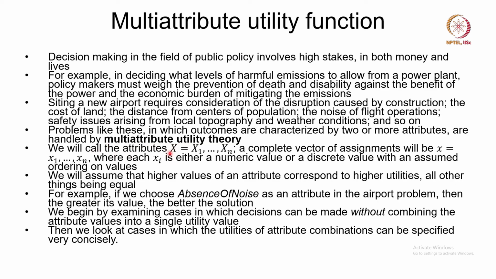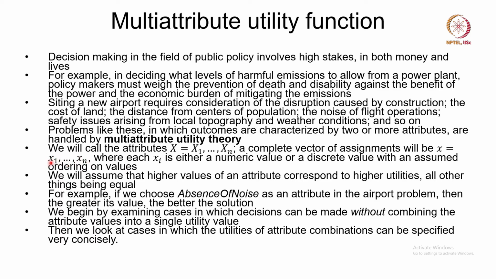So suppose we have attribute X, which will consist of x1 to xn. So we have n attributes. Each of these xi could be either a numerical value or a discrete value, and there will be some ordering on them, x1 to xn.